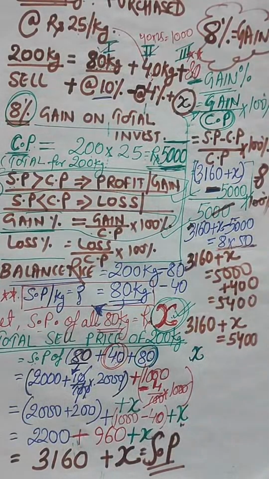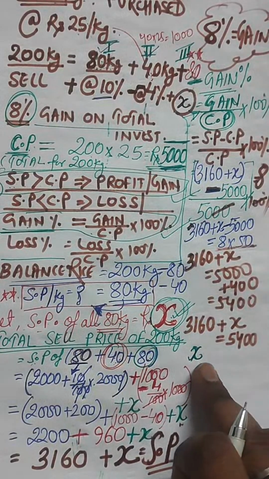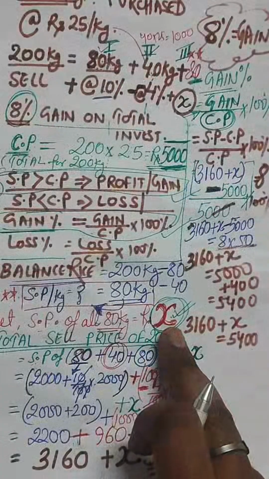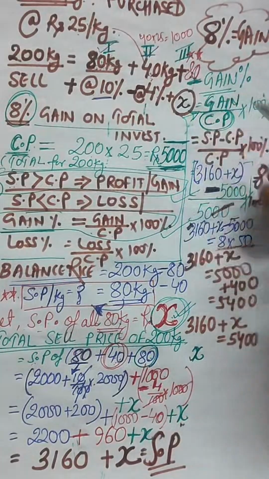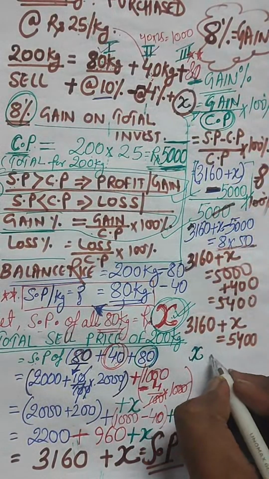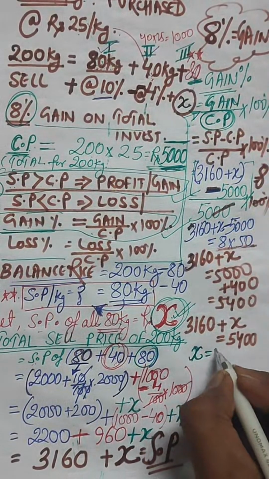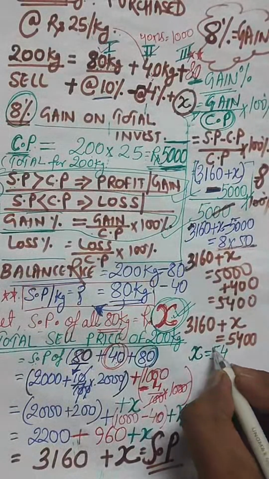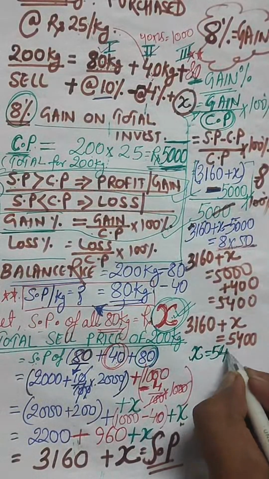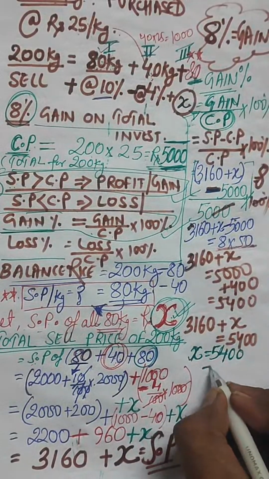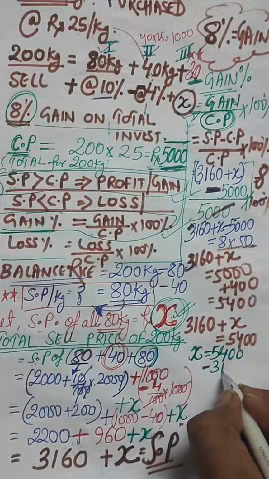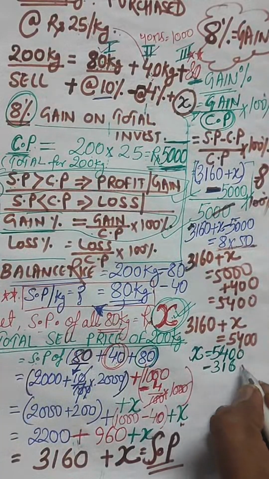What is X? I don't think you need to remember every time. Here X is the selling price of the balance 80 kg, this third portion, right? Now X is calculated as 5400 minus 3160.